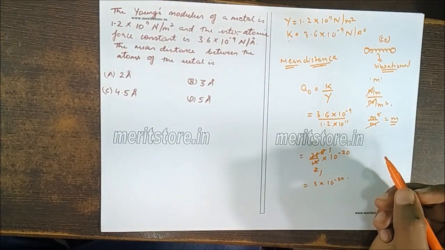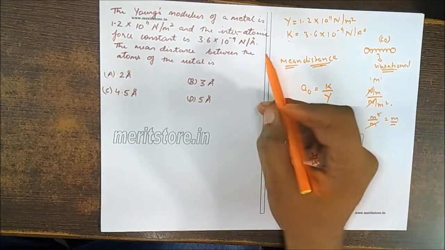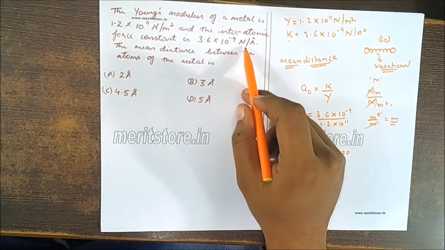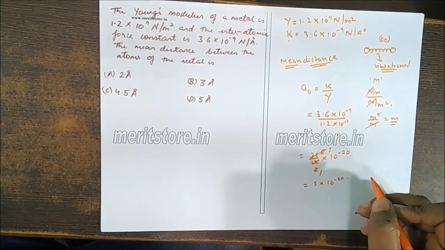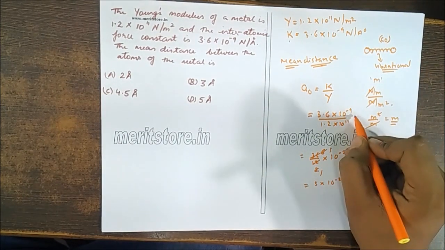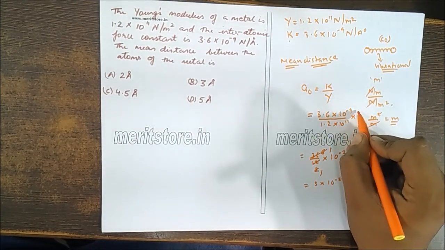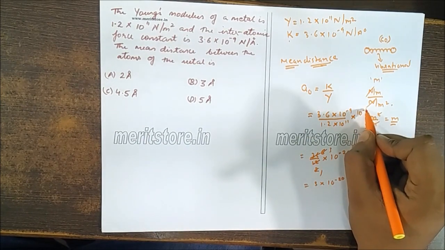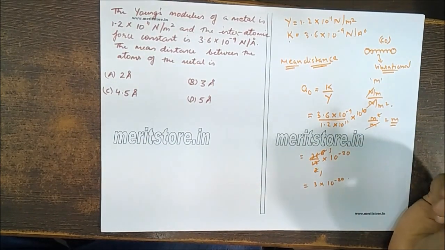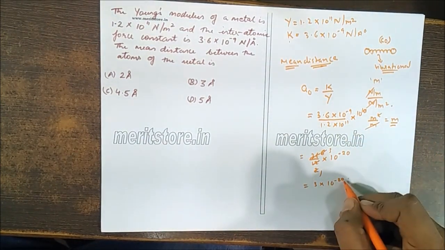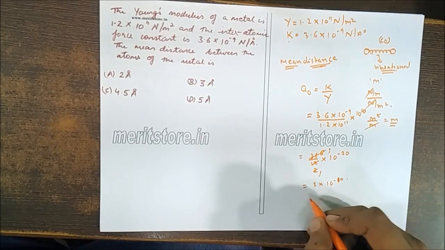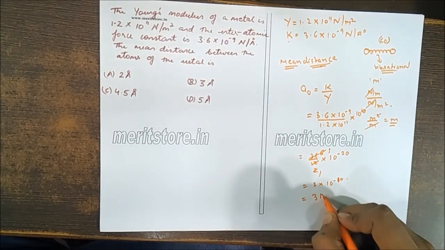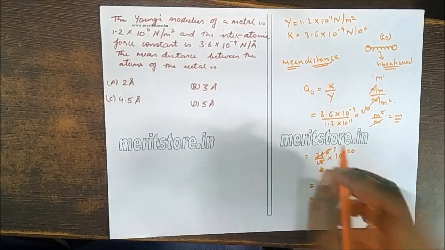We have 3.6 into 10 to minus 9 Newton per angstrom unit, so we did not substitute the angstrom unit. If angstrom is in the denominator, I'll put it in the numerator as 10 raised to plus 10. So now this will become 10 raised to minus 10, and I get 3 angstrom unit as the answer.